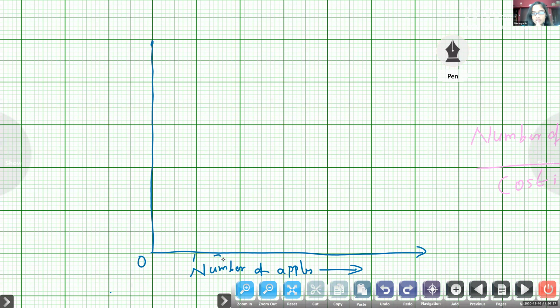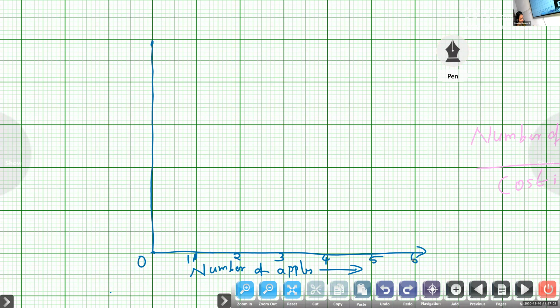Ma'am, do we have to leave one gap between each bar? No, why do we need to? Here is 0, this is 1, 2, 3, 4, 5, 6. No need to leave gaps between bars.